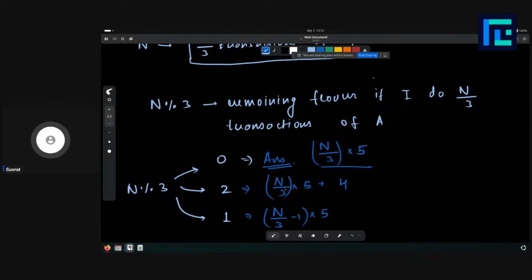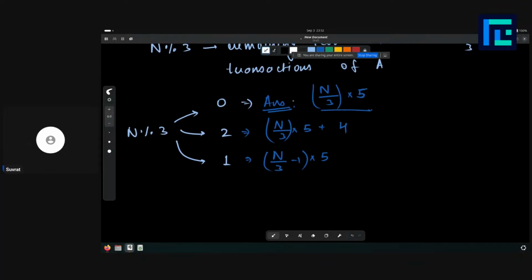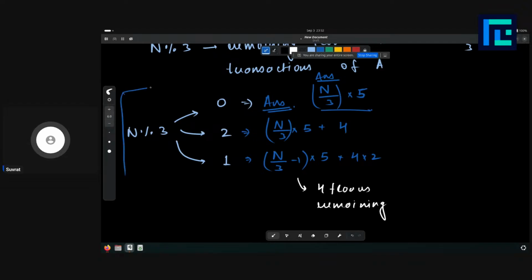So now we will have 4 flowers remaining. So for 4 flowers, what we can do is we can do 4 into 2. So basically using this set of formulas, we can solve the problem in just O of 1.